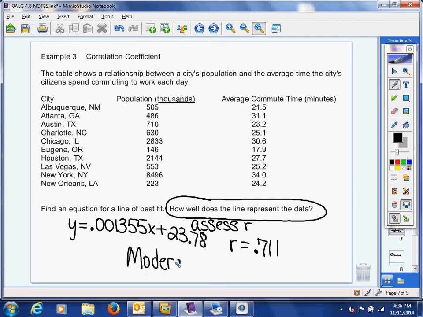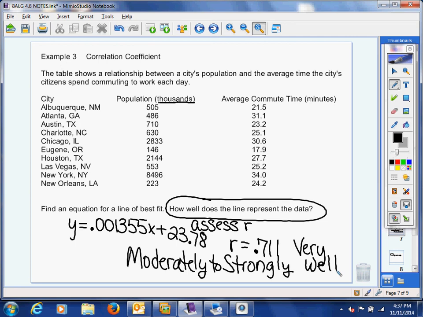I'm not sure that you'll see that on a test, but you might. And the book actually, since they're asking how well, you could say very well. This correlation coefficient indicates that this line represents the data very well. The closer to 1 that your correlation coefficient is, the stronger the correlation is.